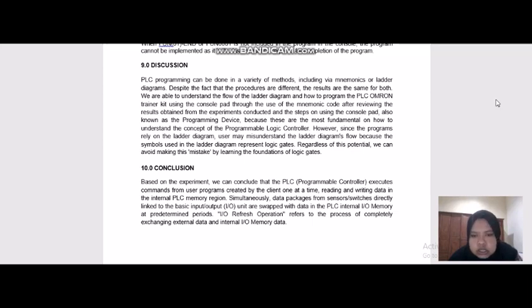Data packages from sensors or switches directly linked to the basic input-output unit are swapped with data in the PLC internal input-output memory at predetermined periods. So the input-output refresh operation also refers to the process of completely exchanging external data and the internal input and output memory data. That's all from us.